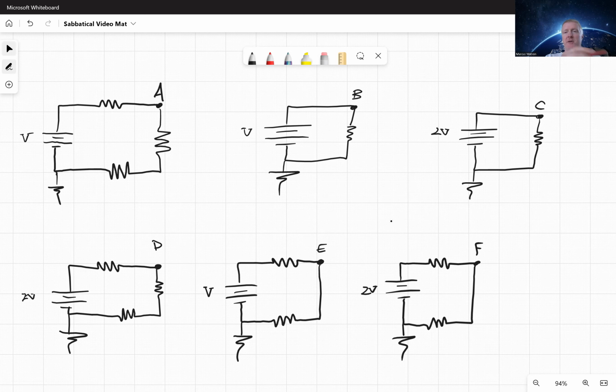All right, so every circuit has the battery over on the left side. The negative side of the battery is connected directly to ground. That's what this symbol is here. I guess if I were to draw it exactly, it should be something like that.